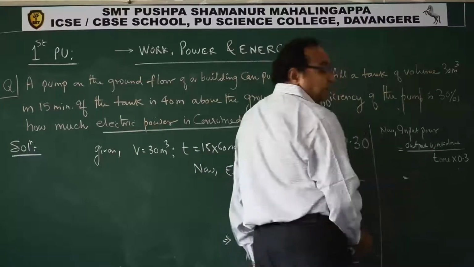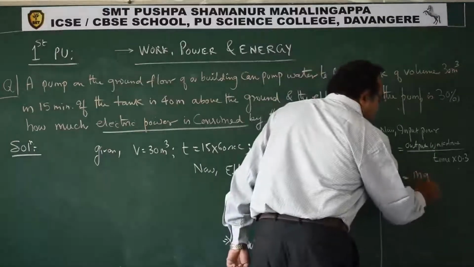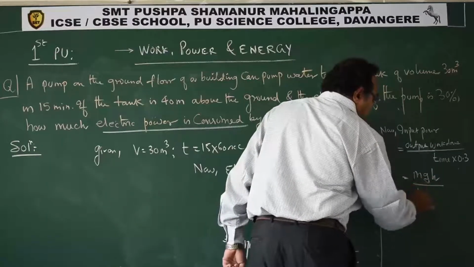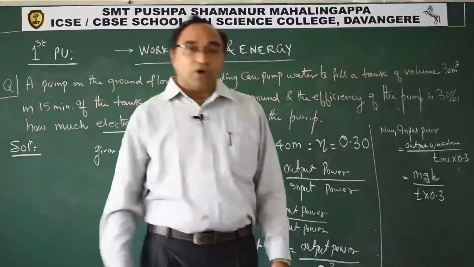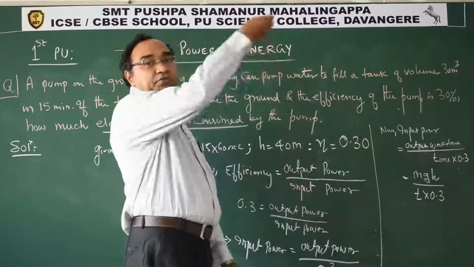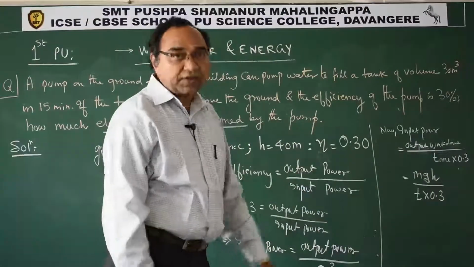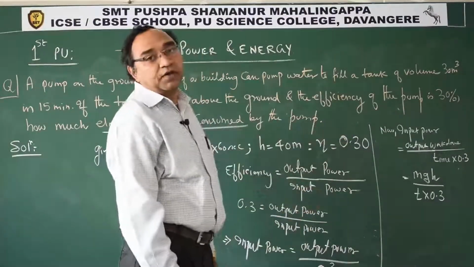So output work done is how much? mgh, and this is T and this is 0.3. This is what we have, because from the ground level it is lifting. This is potential energy, so mgh will be the work done.